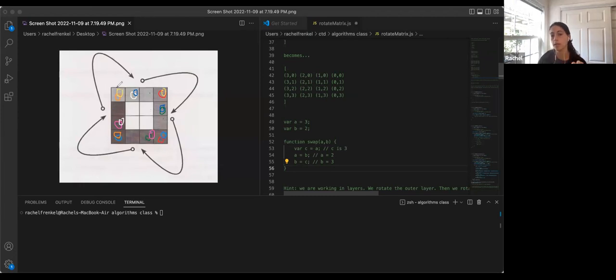Okay, so instead of swapping an entire edge and saving this into an array, we're just going to have one variable that's similar to this. It's going to hold whatever was in this index. And then we'll swap things around. Okay, so this is the algorithm we're going to work with.